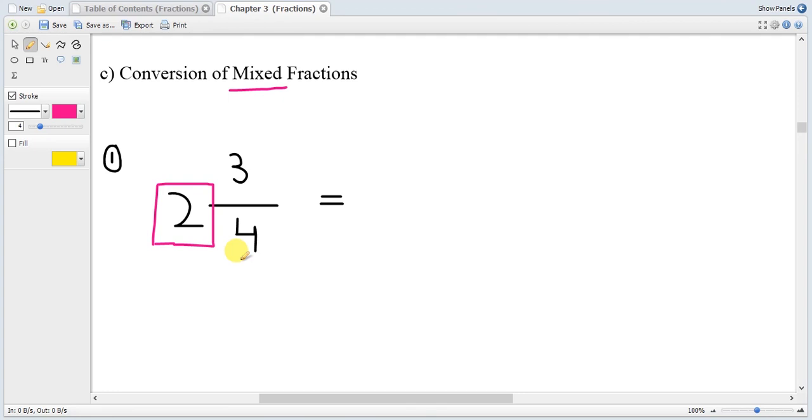In this case, we first multiply two numbers. Before multiplying, always first write your denominator value, 4. Now multiply the whole number by the denominator: 2 times 4 is 8.